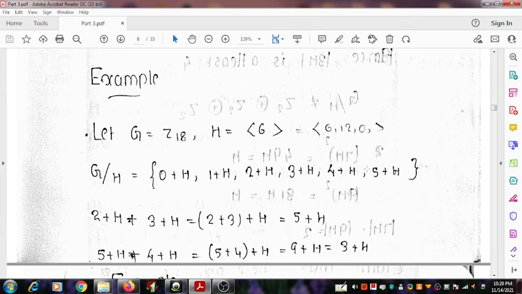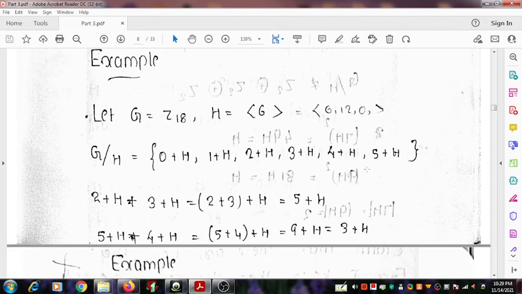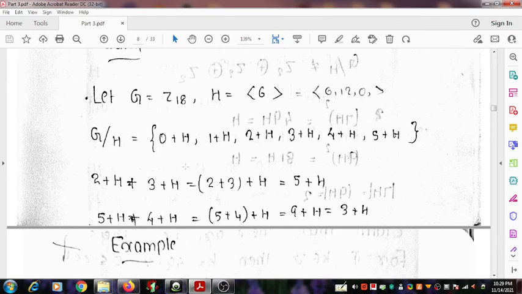Therefore there is no need to consider all those remaining elements. And we define the operation. We want to conveniently define an operation here.